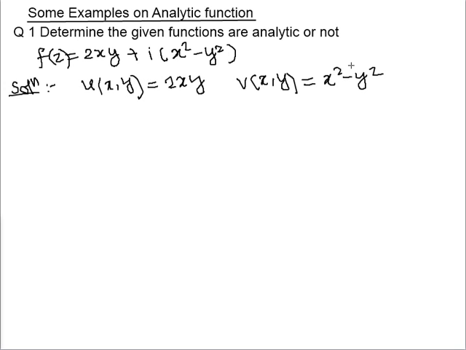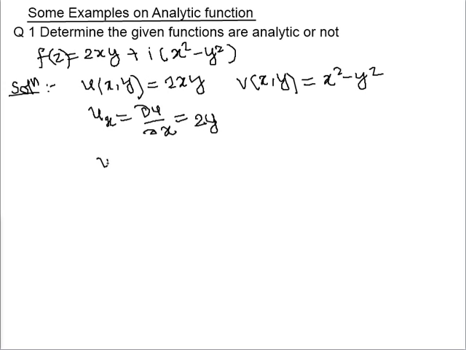Now we find the first derivatives. del u by del x, or we can say u x, is the partial derivative of u with respect to x. Treating y as constant, differentiating 2xy with respect to x gives 1 into 2y, so the solution is 2y.